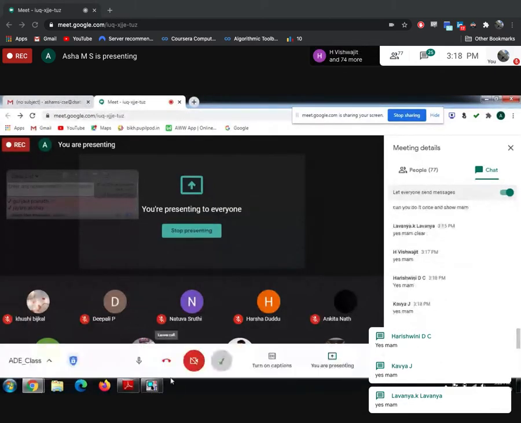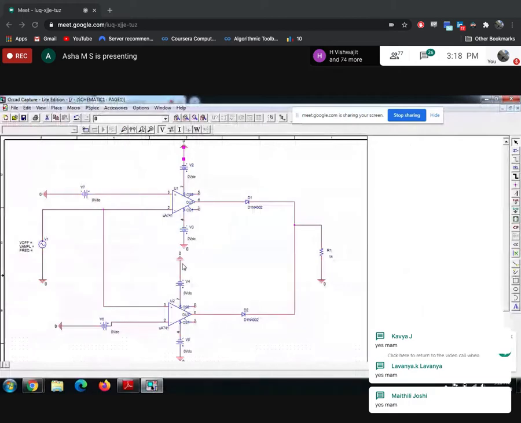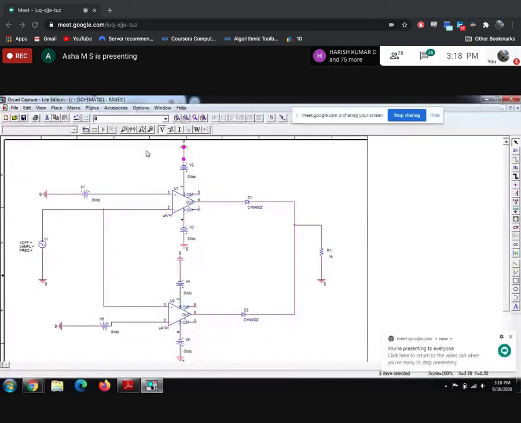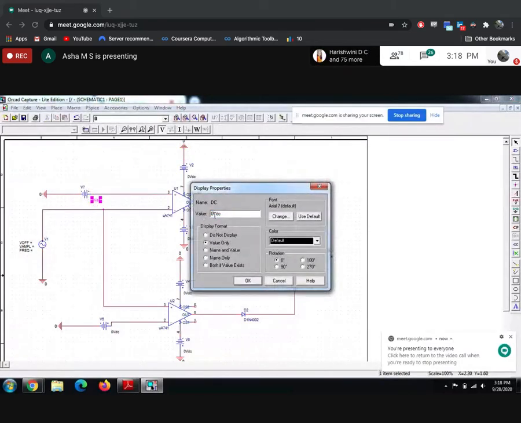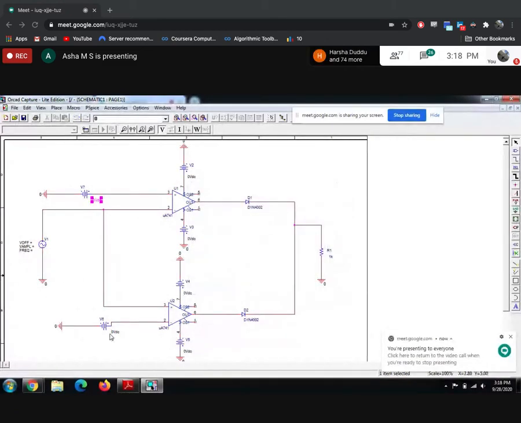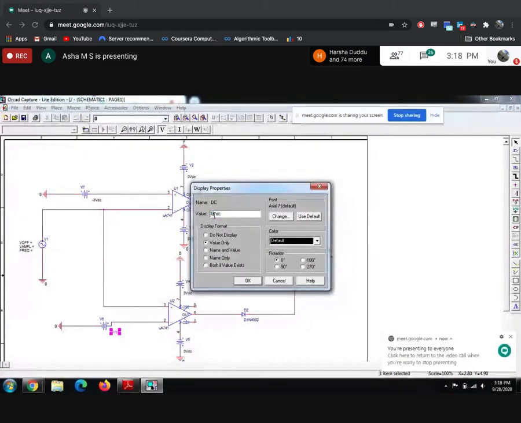Okay. Now we need to change the values. This voltage should be changed to negative 3, minus 3. You need to indicate the sign also here. Minus 3 voltage. Click on OK. This voltage should be set to positive 3.